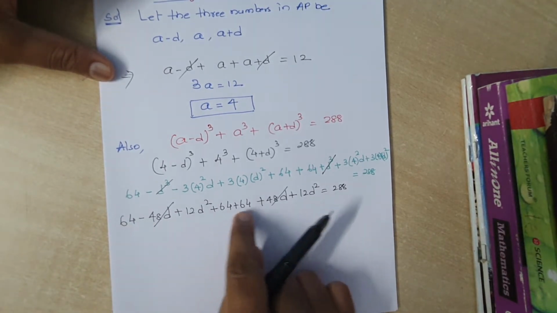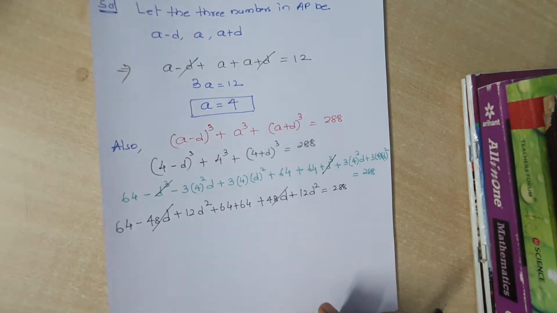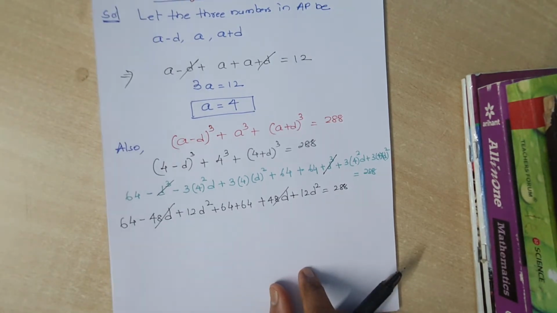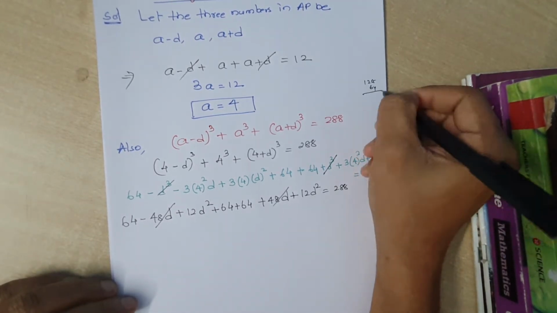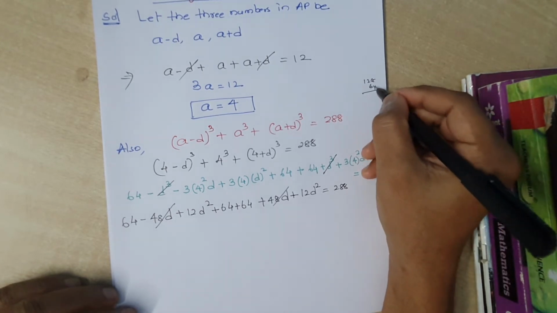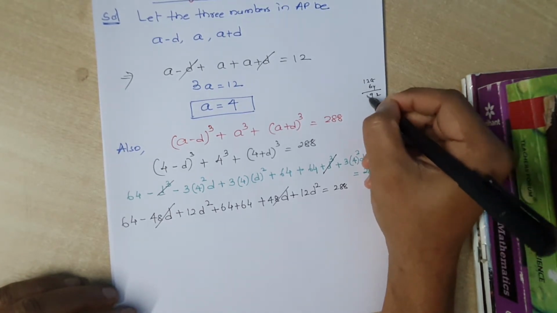Now 64 plus 64 plus 64, how much? If you don't know, you can add it down. 64 plus 64, 128. 128 plus 64 gives us 192.